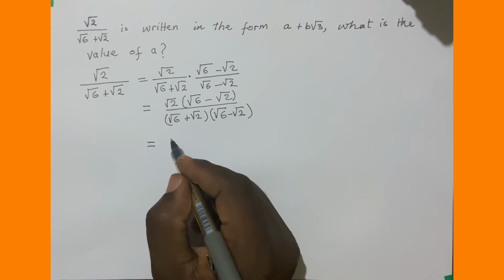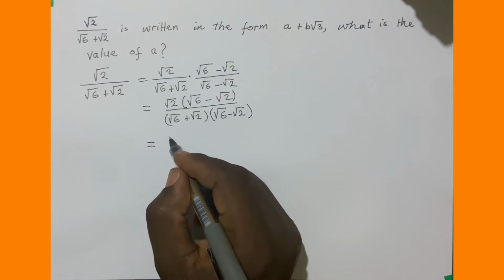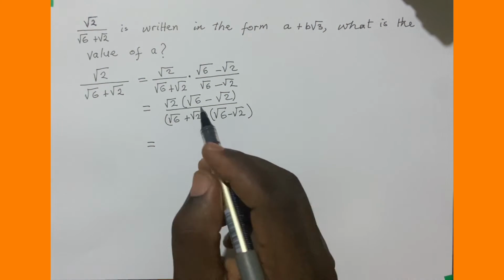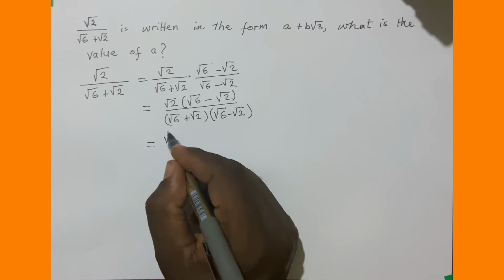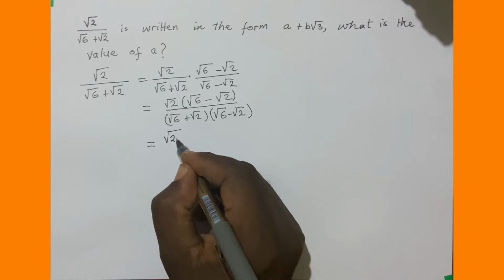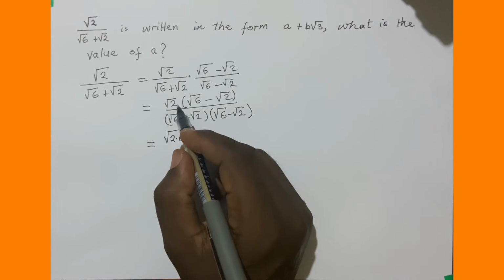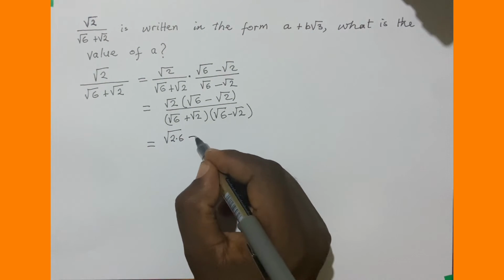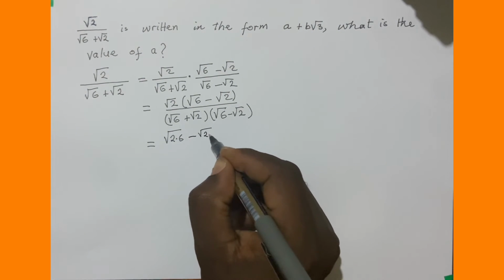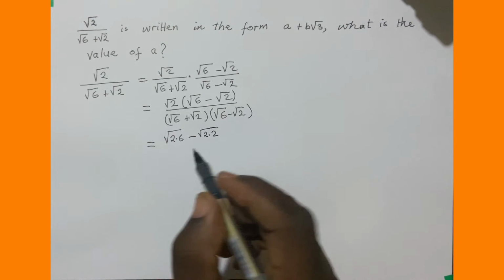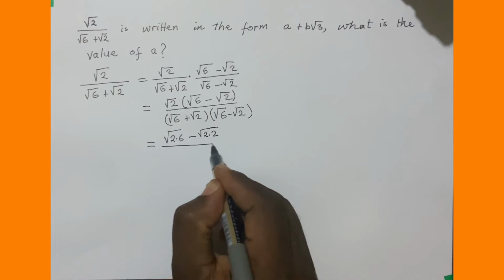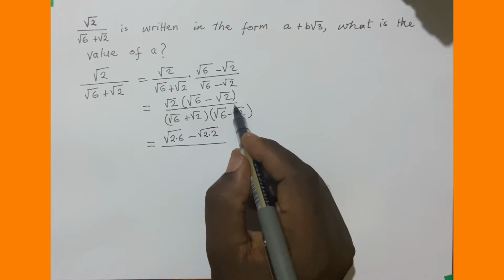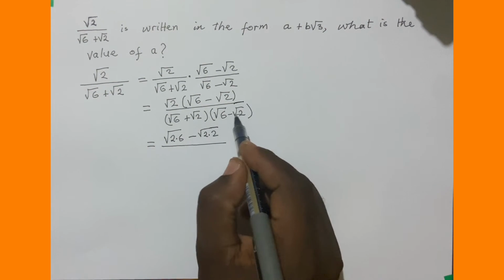So this is equal to root 2 times root 6, which is the same as root 2 times 6, and root 2 times root 2, which is the same as root 2 times 2. All of these will be divided by the value that we will get here.